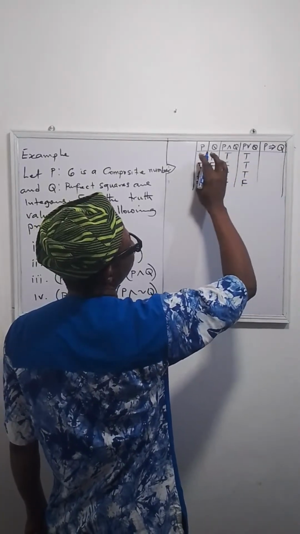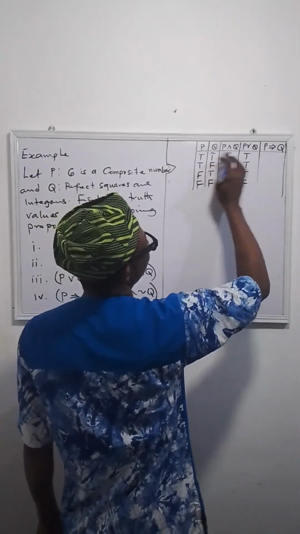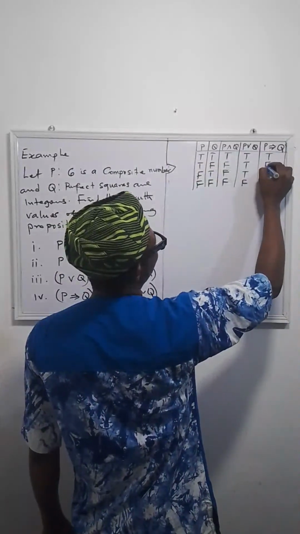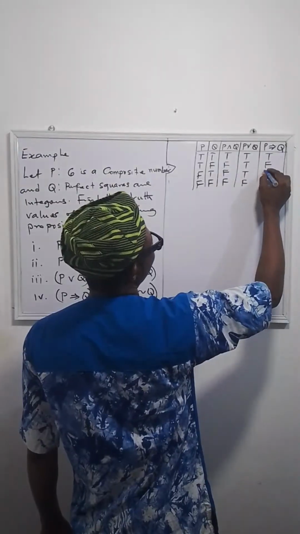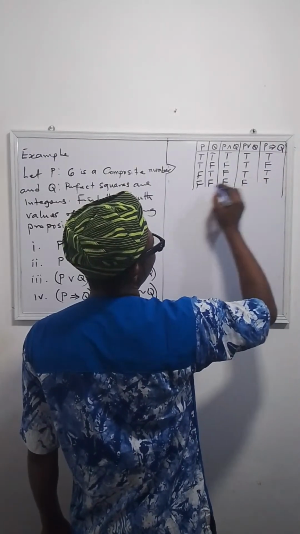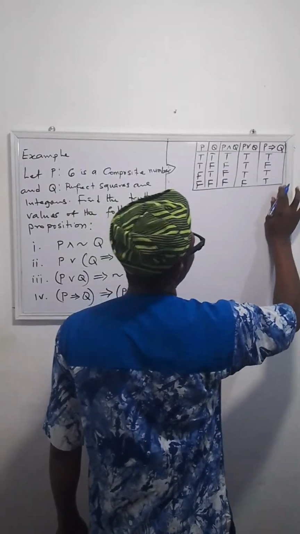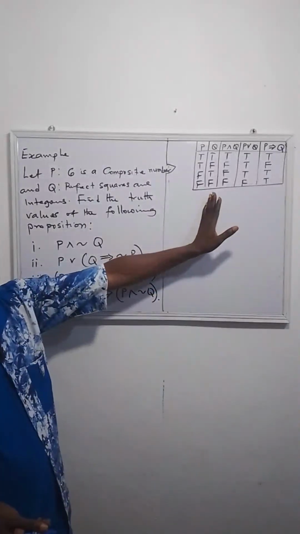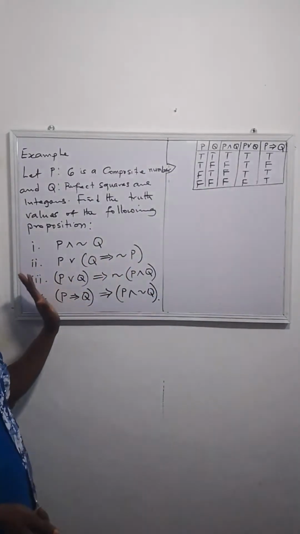Now the last one: true implies true is true, true implies false is false, false implies true is true, and false implies false is true. So this is the table. We are going to be making use of this table now. It's going to guide us to solve this problem.